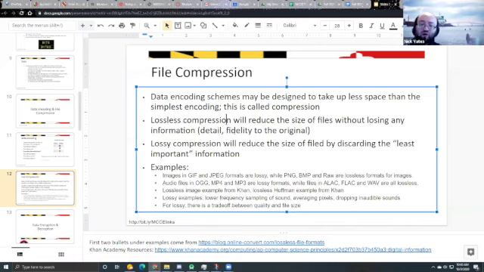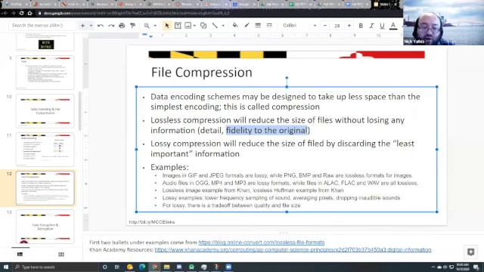I can sort of just encode their positions and one red, green, blue value for that particular shade of red. So there are lossless compression algorithms that do reduce the size of files, but do not lose any information, that you can actually be completely faithful to the original and reconstruct the original from that lossless compression algorithm.